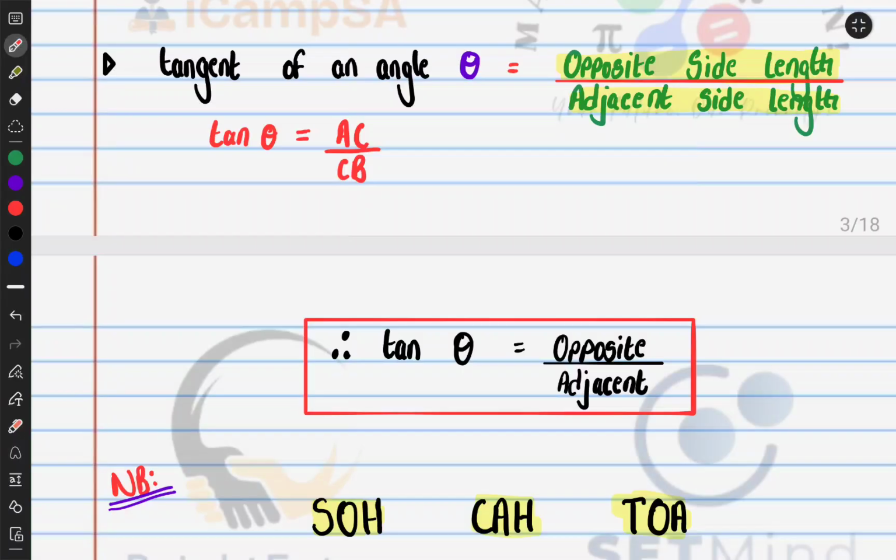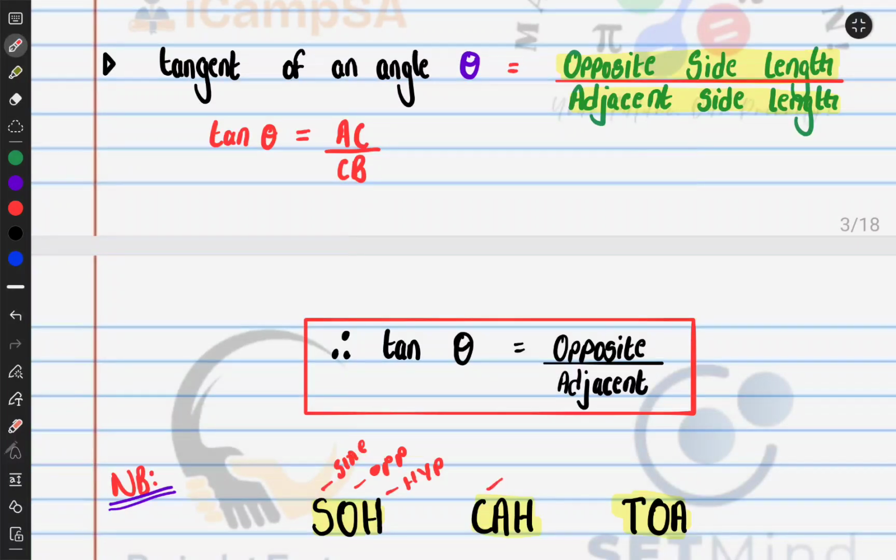That means we are dealing with the sine trigonometric ratio. And then the first letter in the second abbreviation, which is C, stands for cosine, which means we are dealing with the cosine trigonometric ratio. So with SOH, what do we have here? We have the opposite side, and this one stands for the hypotenuse side. This one is for the sine trigonometric ratio.